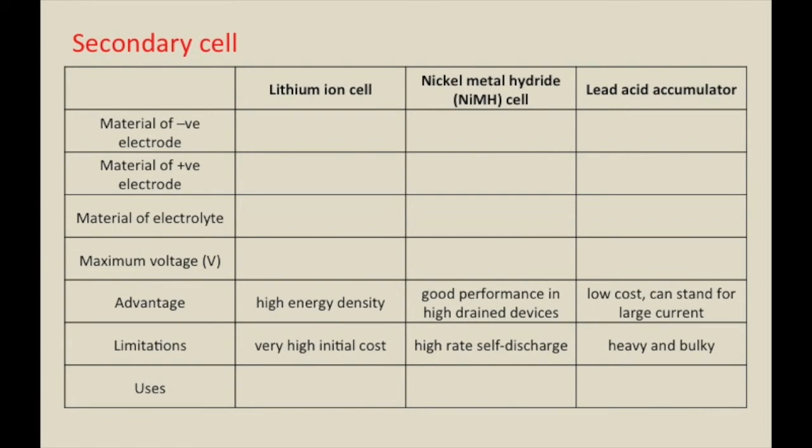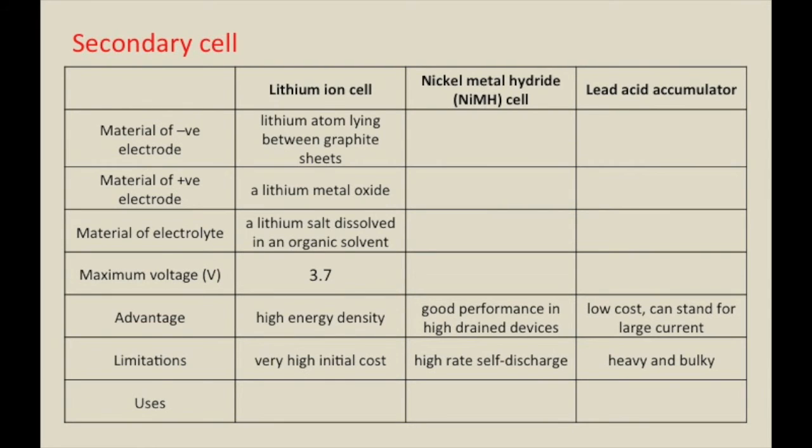So we will move to the secondary cell. The lithium ion cell. Okay. First of all, they use lithium metal or lithium atoms lying between the graphite sheets. So don't worry too much about the material used in the lithium ion cell. Okay, here the material used for both negative and positive electrodes or the electrolyte is just for your reference.